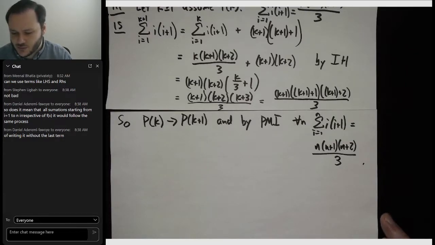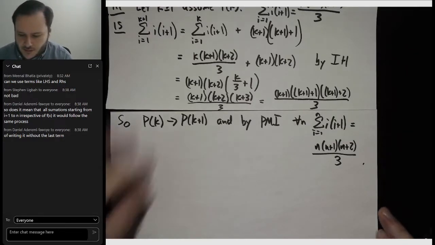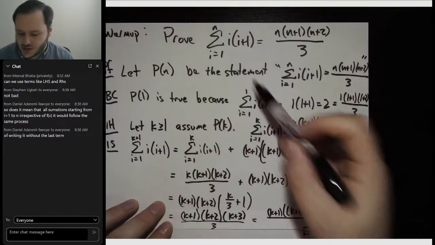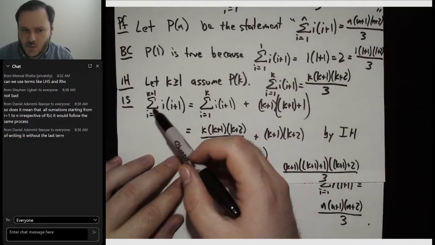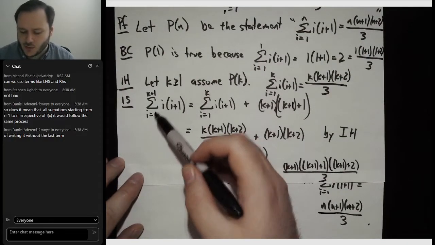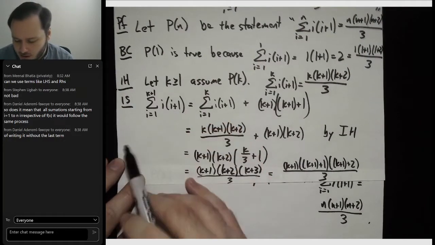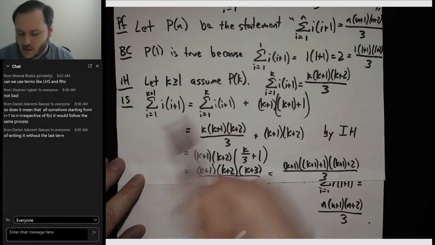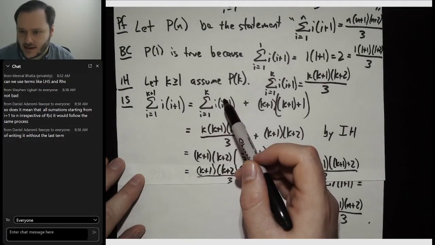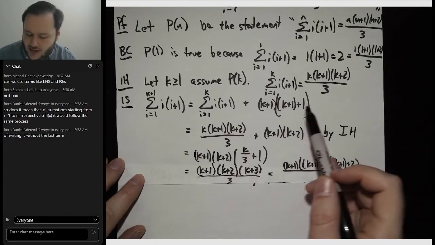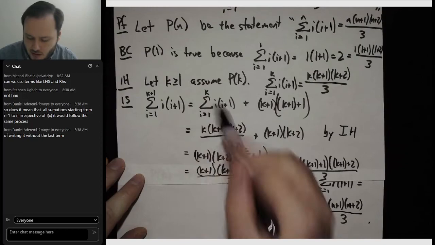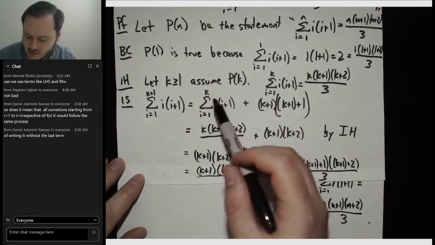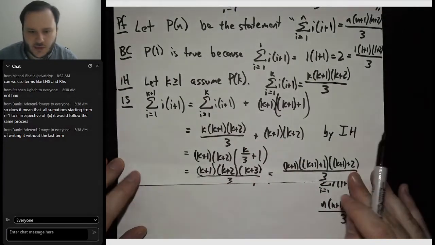If we're trying to prove something about a sum using induction, it makes a lot of sense to say, okay, when we get to our induction step, we're trying to prove something about k plus 1. We know something about k. We'll take off the last term, and then this will follow by our inductive hypothesis. We'll get from here to here.